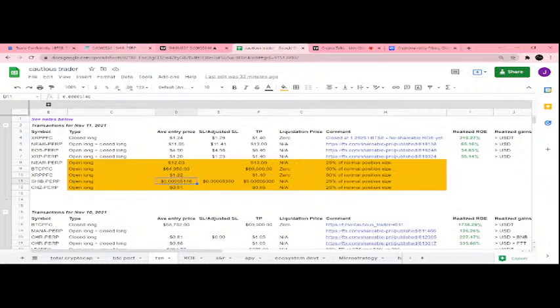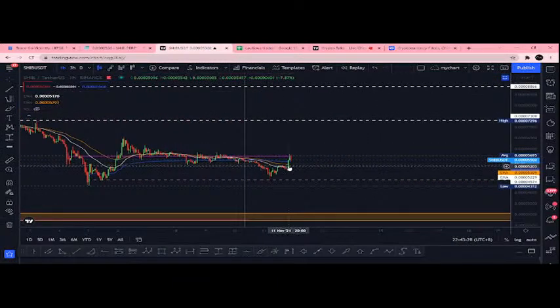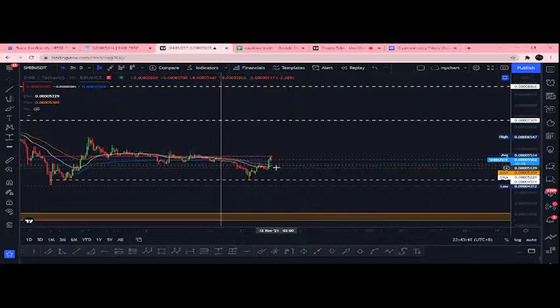Yeah, 5,146, which is at this area. Actually, this is a bullish divergence here. However, I was sleeping around this time, so when I woke up, I managed to relong at this time.